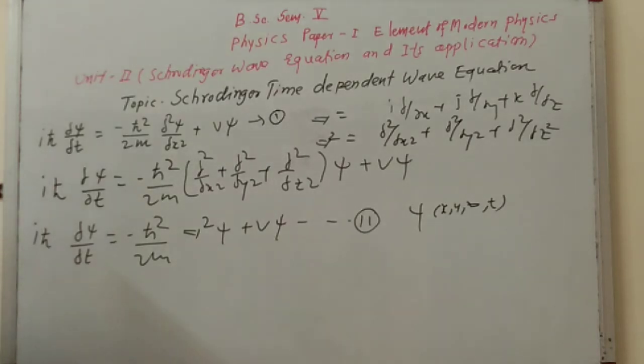Therefore equation 2 is called the Schrodinger time dependent wave equation in three dimensions. Equations 1 and 2 are called the Schrodinger time dependent wave equation.